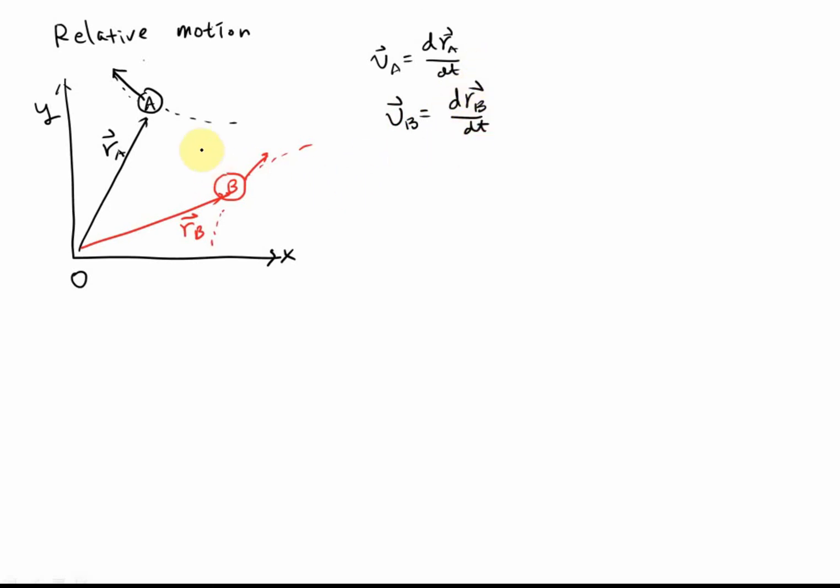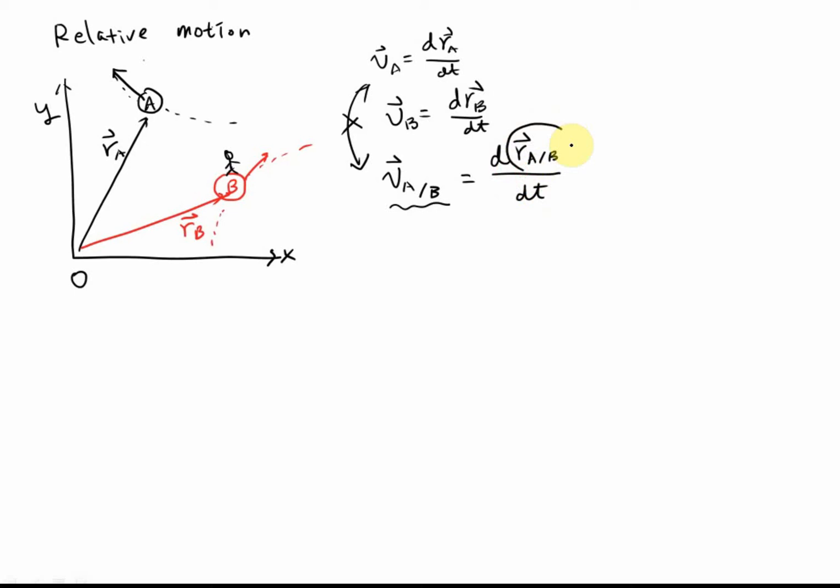But right now, let's say you are standing on top of B. I want to know the velocity of A with respect to yourself. That means the velocity of A with respect to B, which is not the same as the velocity of A. So in order to do that, you have to take the derivative of R of A relative to B over dt.